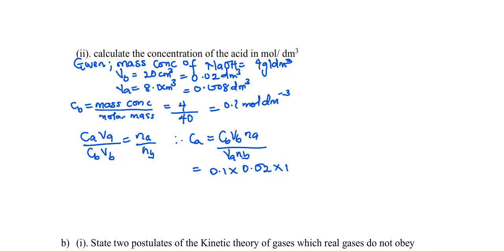From the balanced chemical equation, we have 1 mole of acid reacting with 2 moles of the base. Then the volume of the acid is 0.008 multiplied by the number of moles of the base, which is 2. When you calculate this, we get 0.125 mol/dm³.